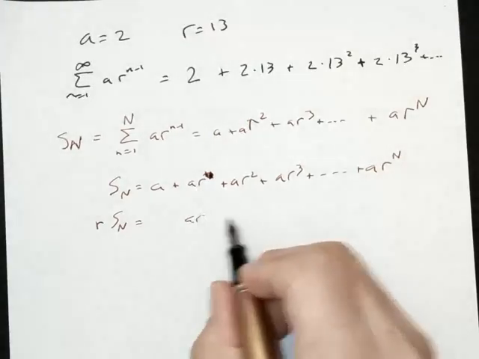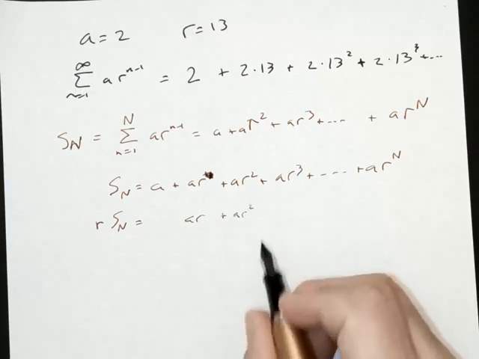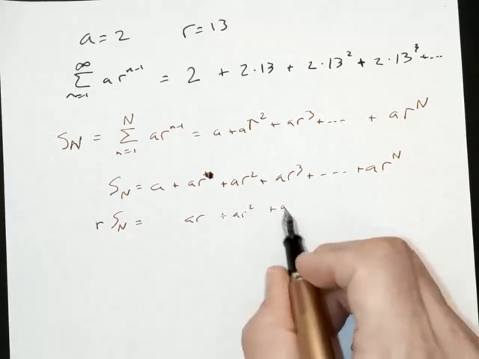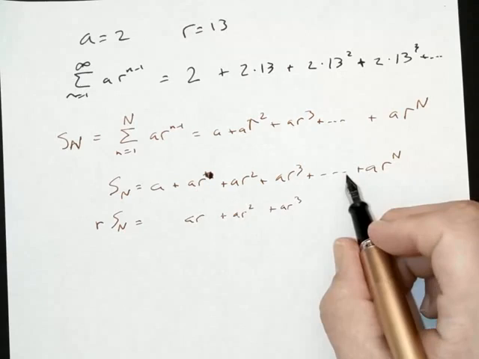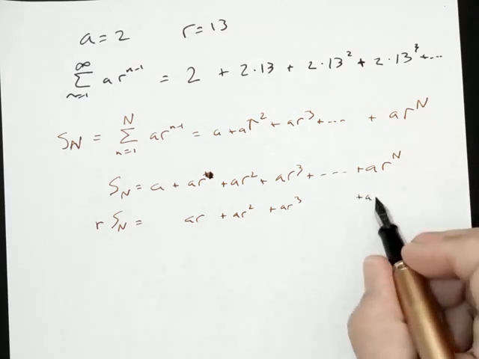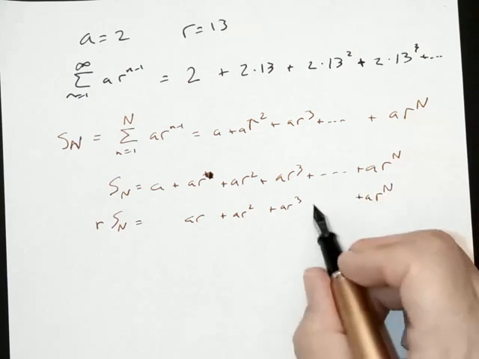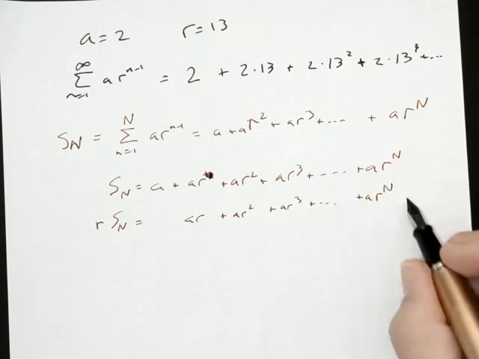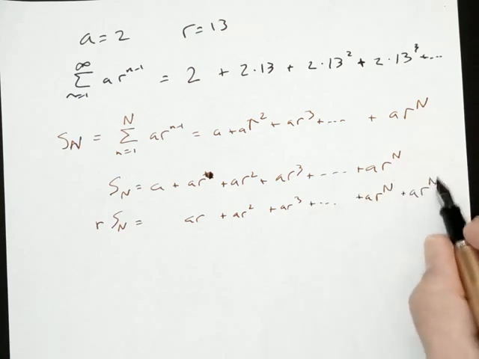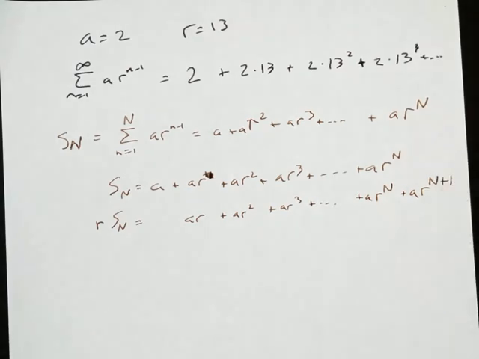I would multiply this by an R. That would be AR squared. This times R would give me AR cubed. There's one right in front of here, isn't there? That would be AR to the capital N minus 1. But I multiply an extra R in there. I get AR to the capital N. And then when I multiply this, I get AR to the N plus 1.